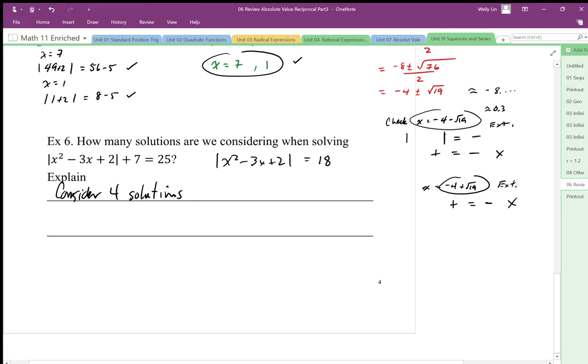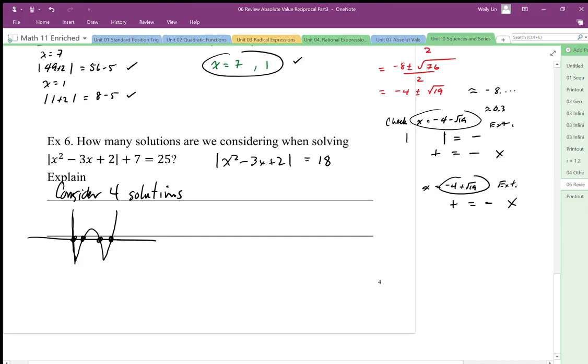Now why do I need to consider 4 solutions here? Well, the shape of this graph, the absolute value part of the graph, could look like this. Okay, it's this W shape. And if it's going to equal some number, we know that y is a horizontal line, and there could possibly be 4 solutions.